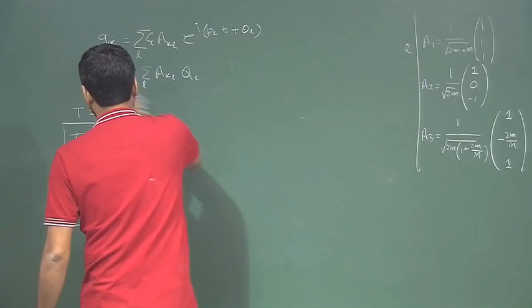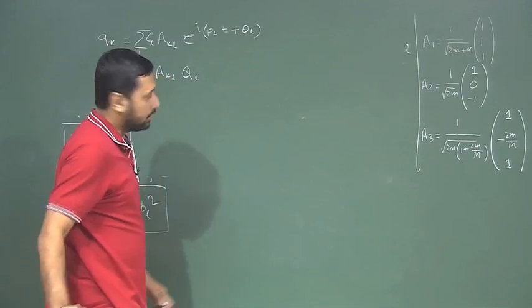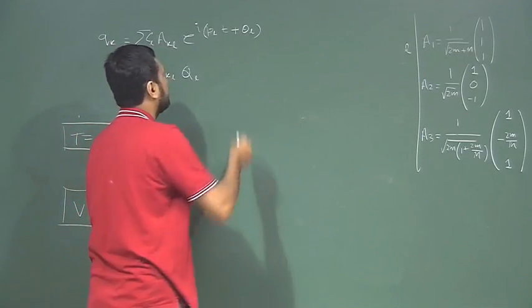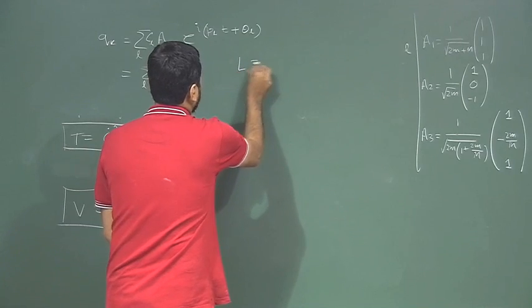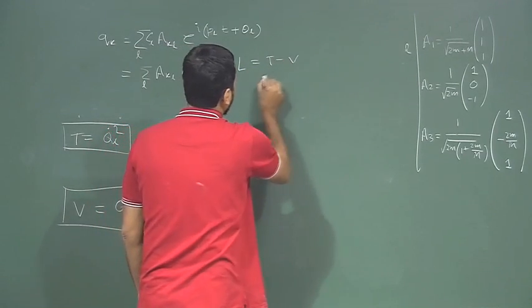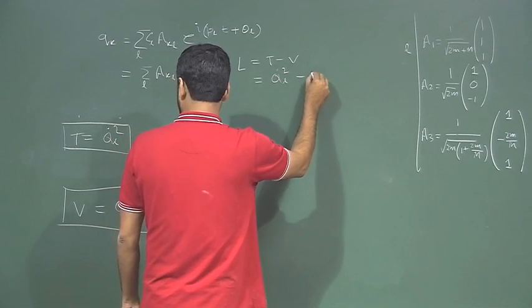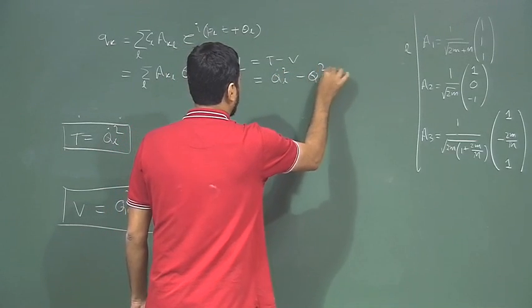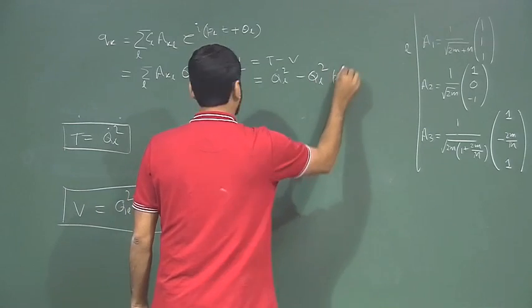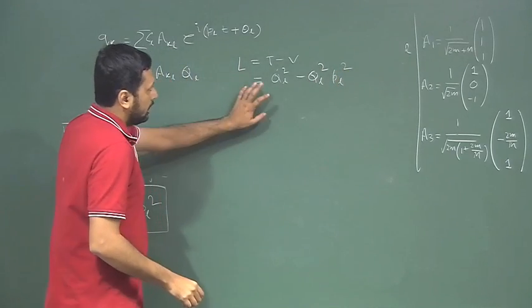Now, these two are the matrices. Now, if I construct this Lagrangian, which is T minus V, it will be given by Q_L dot squared minus Q_L squared P_L squared.